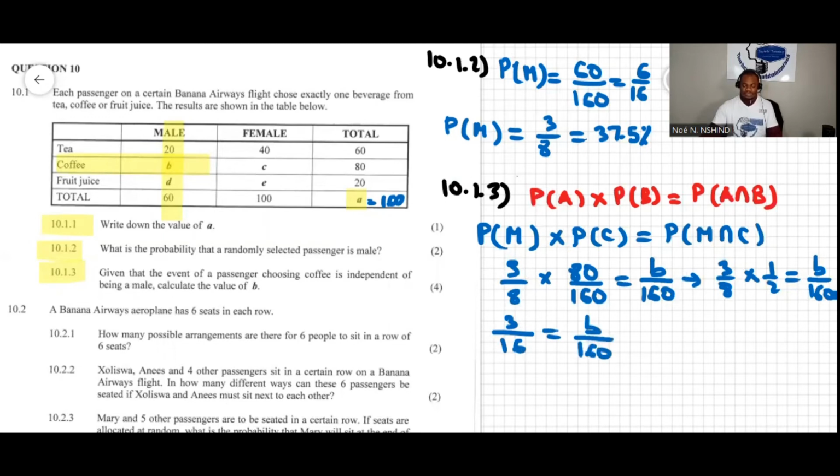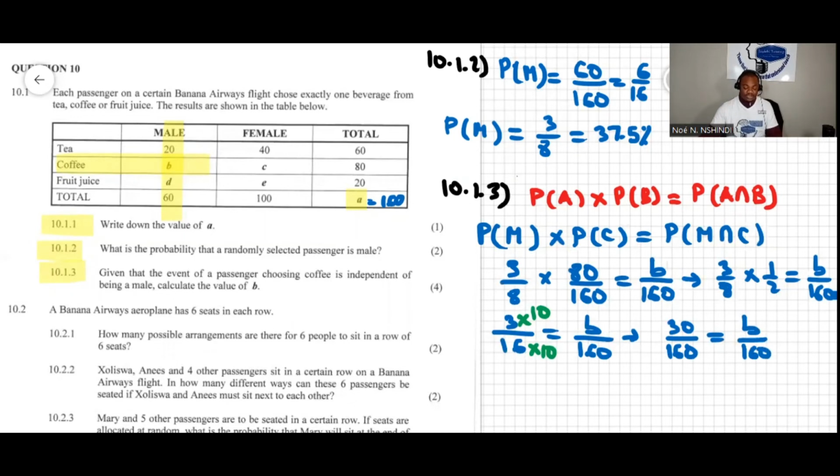One way of solving this is to multiply the denominator by 10 to make it 160, so we multiply the numerator also by 10. Why am I saying that? Because I want to get 160 on both sides. So this is equal to 30 over 160 equal to B over 160.